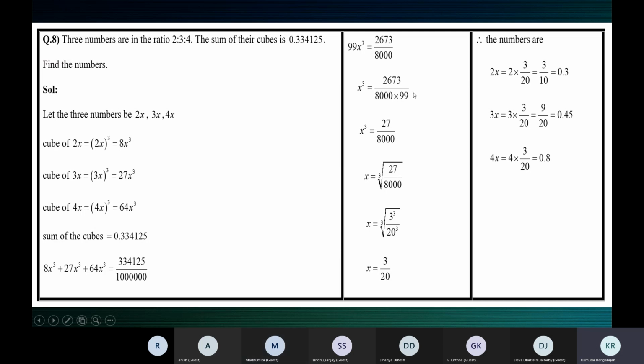Yes, ma'am, by simplifying. Now 99, first take up the tables of 11. So 11 nines are 99. So you'll have 9 in the denominator along with 8,000. And when you divide 2673 by 11, you get 243.